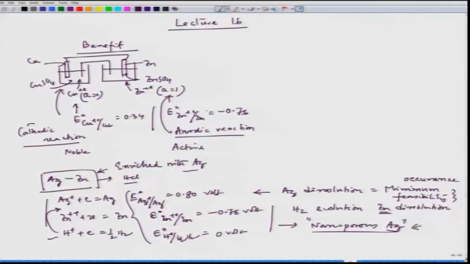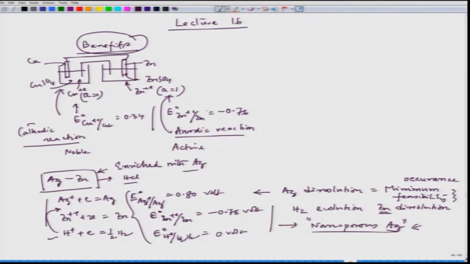Some people say that zinc and silver both dissolve in the beginning, and then silver deposits back because of its higher reduction potential, and zinc ion stays back. So, that option is also there, but finally, after the formation of nanoporous silver, we see that in the solution the silver content is as minimum as possible. So, this information we can also make out. One thing, of course, we know what is active and what is noble. So, these are the benefits.